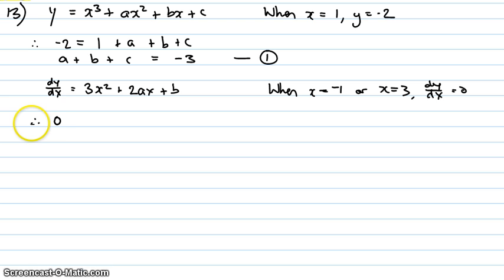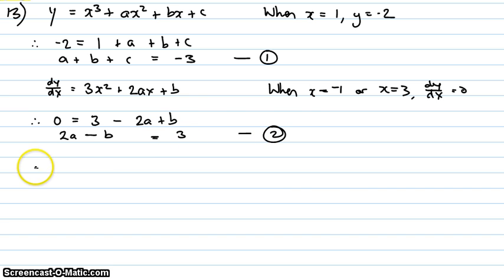Therefore, 0 is equal to, substituting in x equals -1, 3 minus 2a plus b, or in other words, 2a minus b equals 3. This is our second equation.